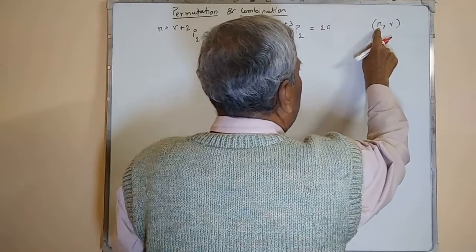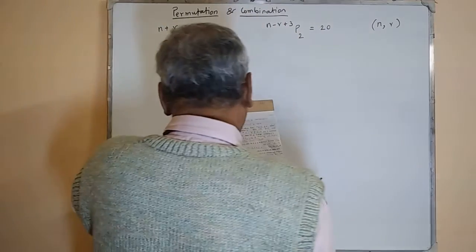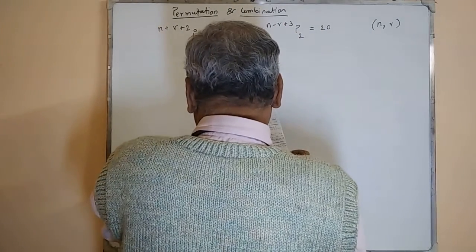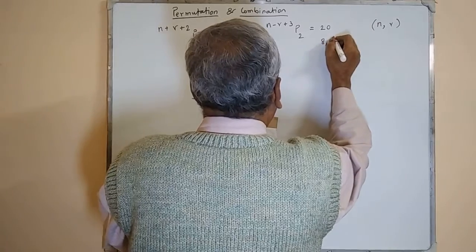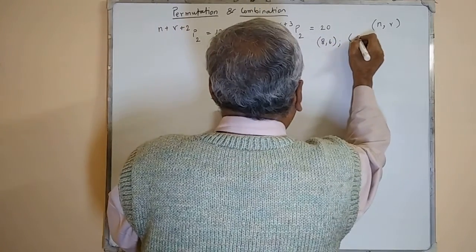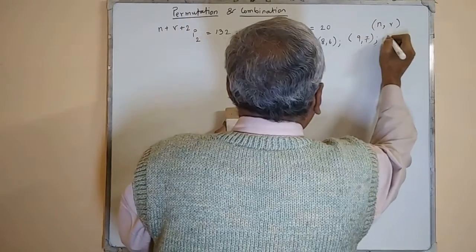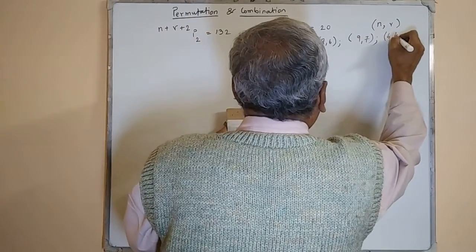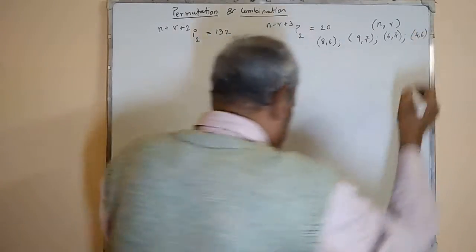We have to find the value of n as well as r. So options are given. The first option is 8, 6. Second option is 9, 7. Third option is 6, 4. Next one is 4, 6.